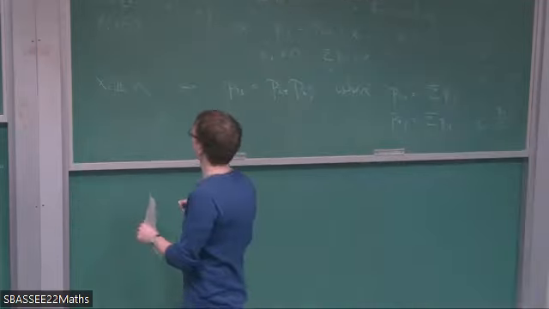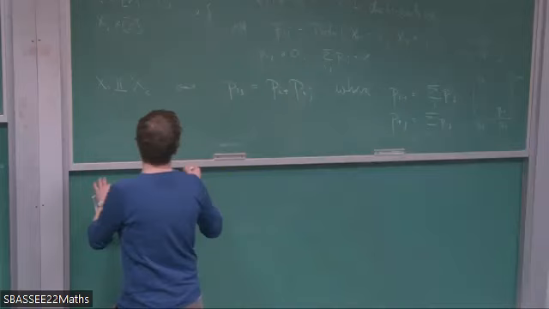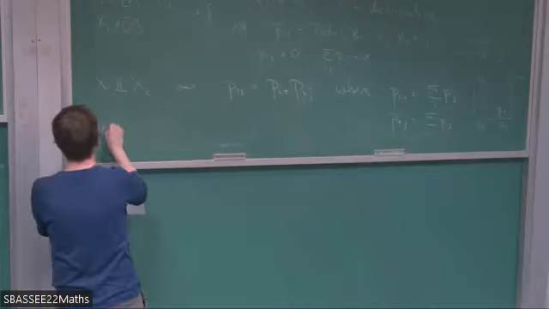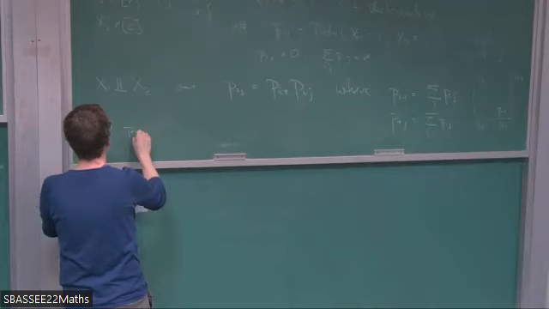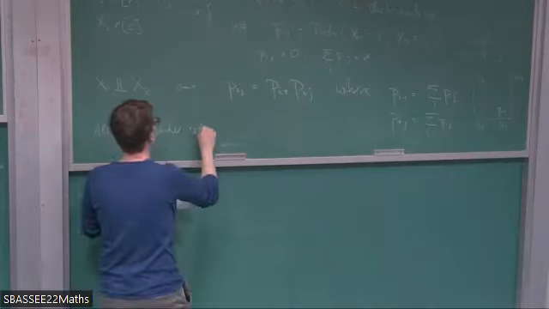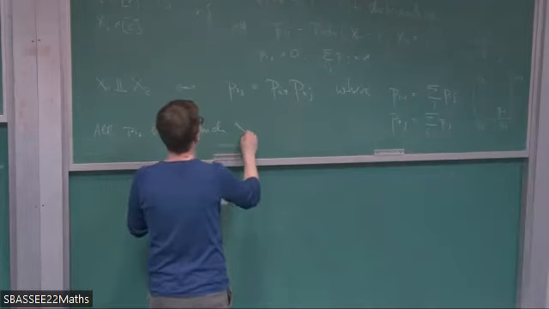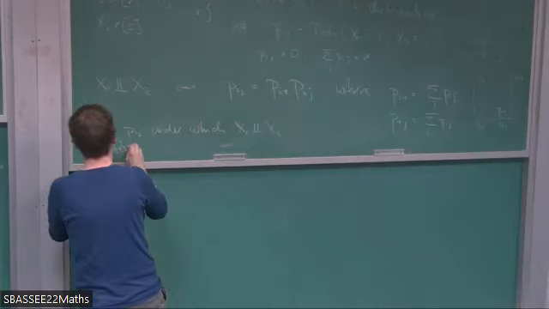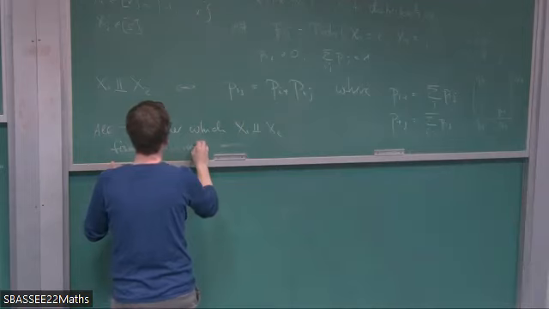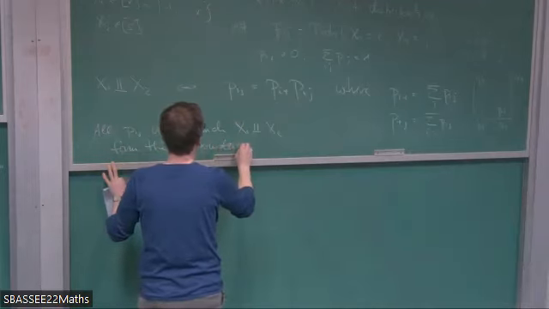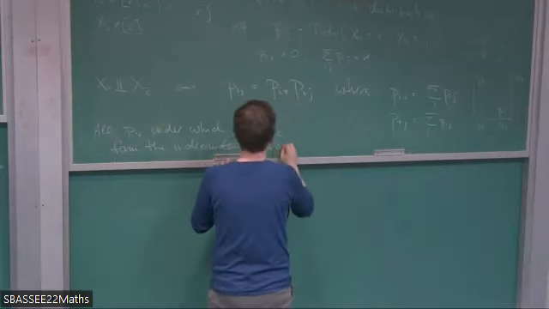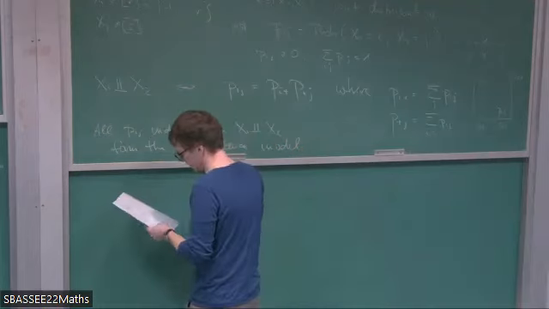So in the independence model, all Pij under which x1 is independent of x2 form the independence model, which is an algebraic variety.